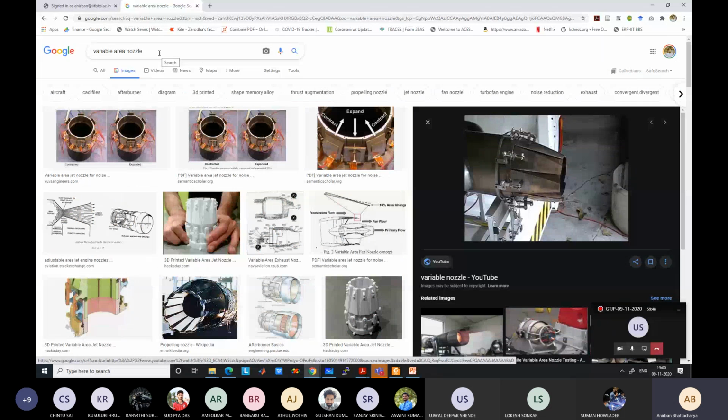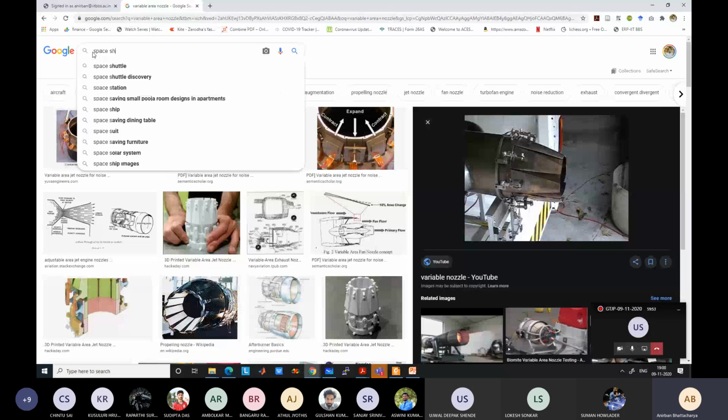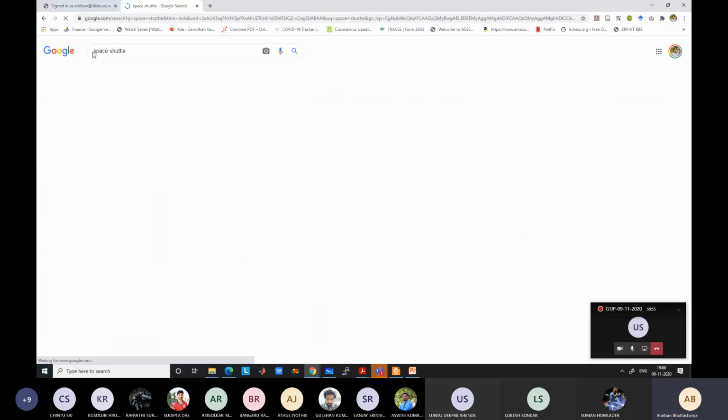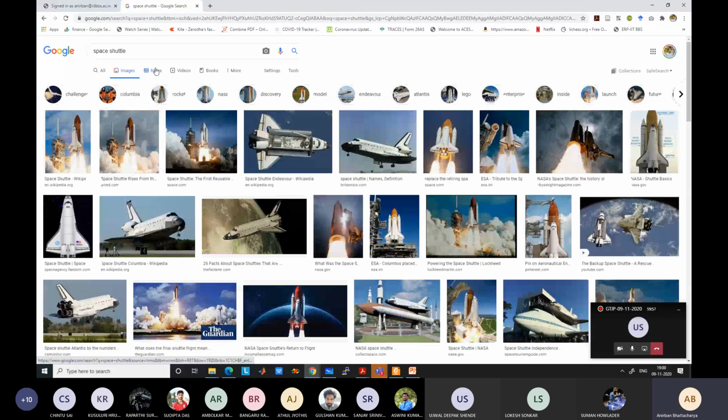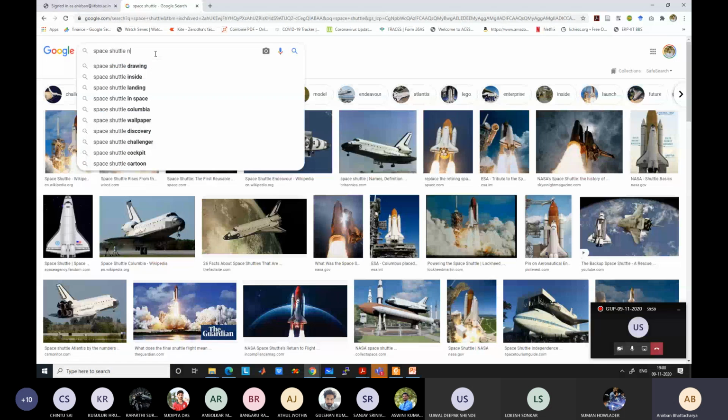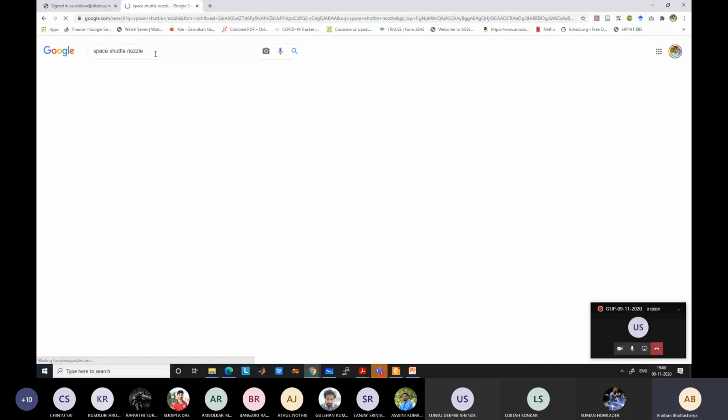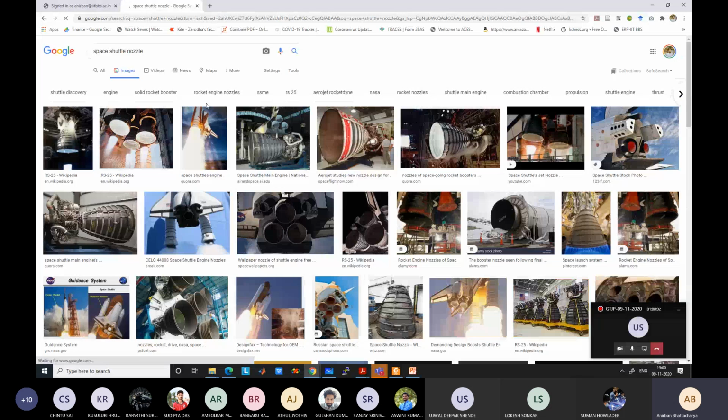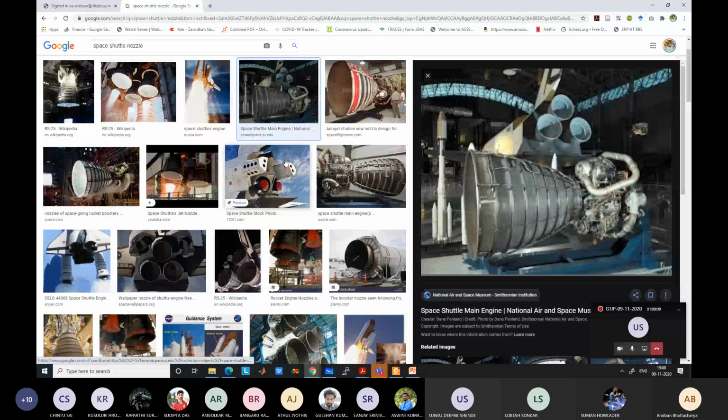But if you take a look at, say, the space shuttle nozzle, because in this case the velocity needs to be very high. So this is the space shuttle nozzle. Now you can see the difference as compared to the aircraft nozzle.